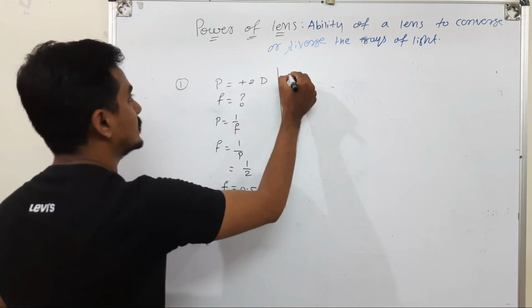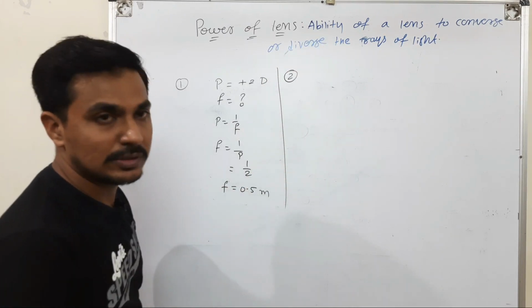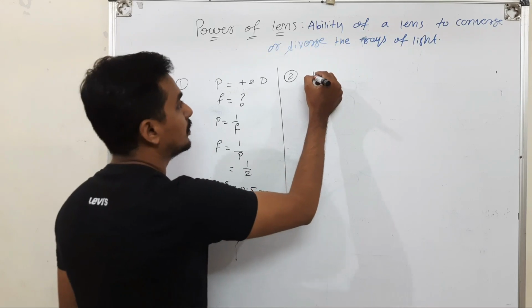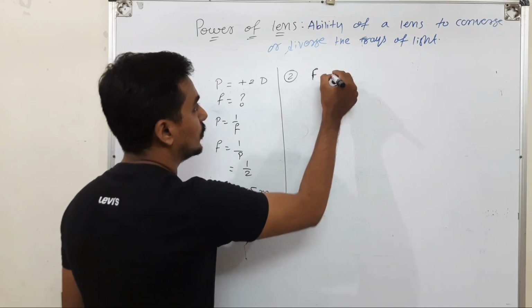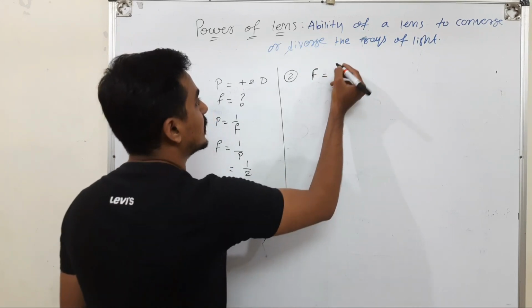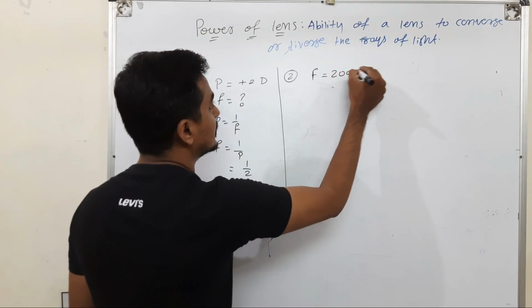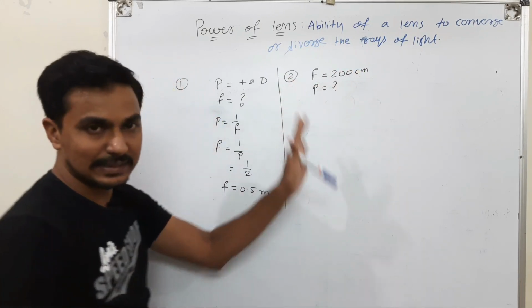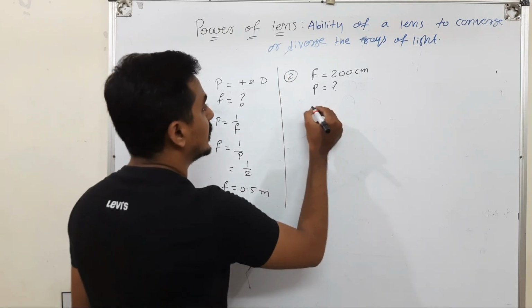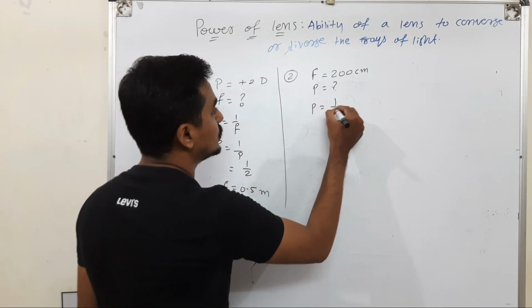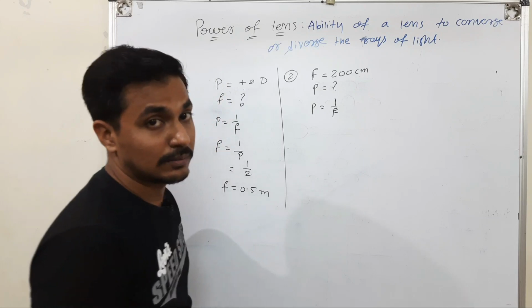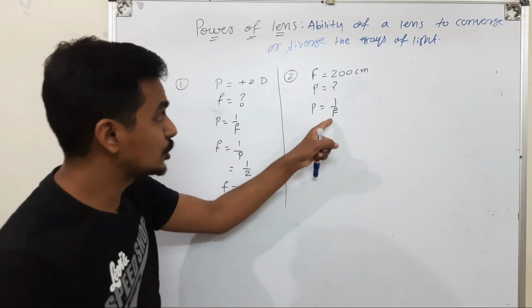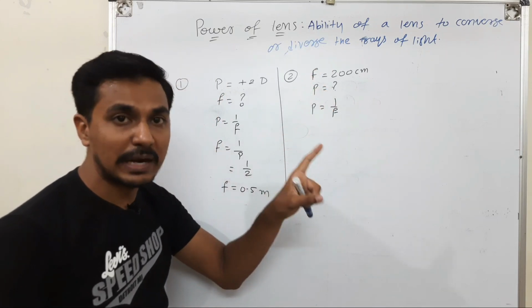Then let us look at another question. Suppose it is given that the focal length of a lens is, let us say, 200 centimeter. Then what will be its power? This is just an example. We know that P is equal to 1 by f, but f should be in meter if you want the power.